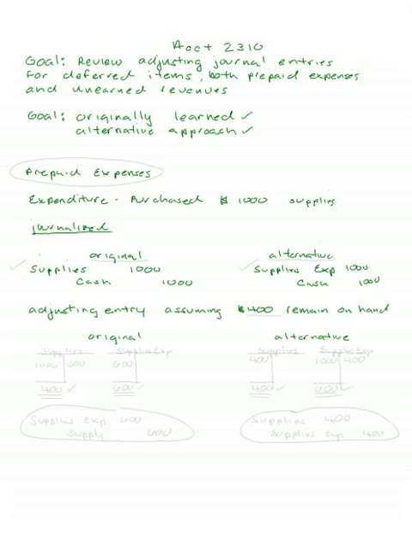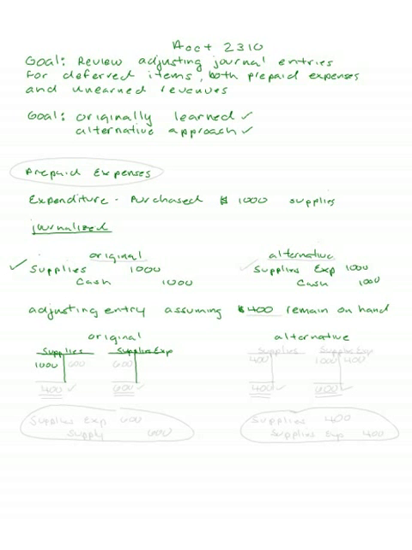I like to start by making T accounts because it helps me see where I'm going. So I'm going to look at my original entry first. I am going to set up supplies, which you can see I debited for $1,000, and then I'm going to adjust that into supplies expense.